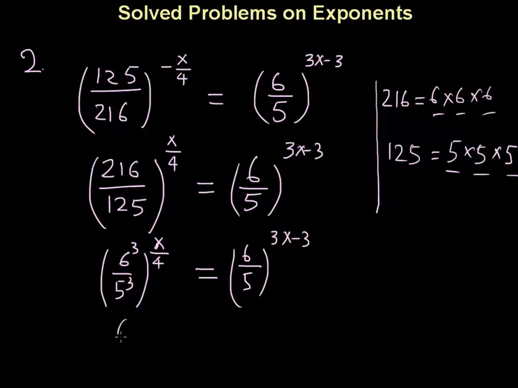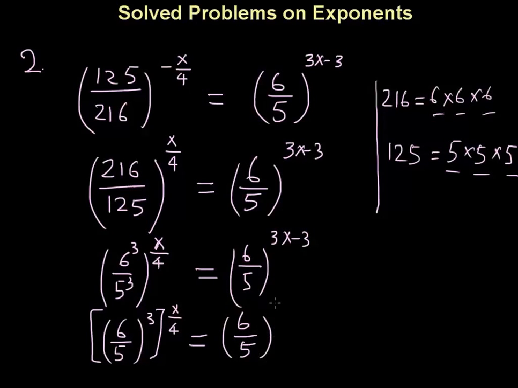So this one can be rewritten as 6 upon 5 to the power 3, and then I can put another bracket here, x by 4, and that will be equal to 6 by 5 to the power 3x minus 3.